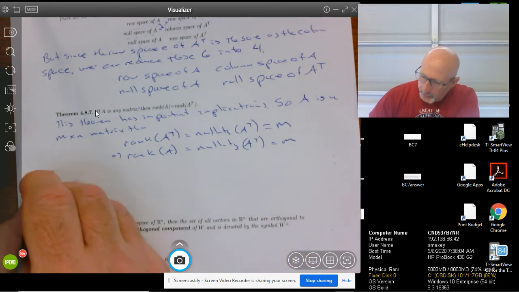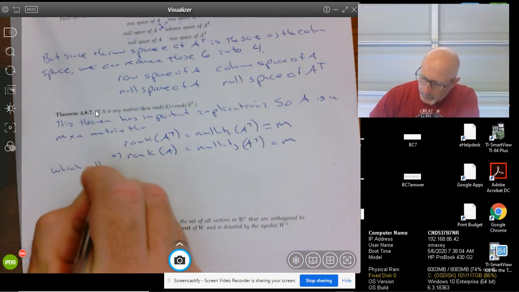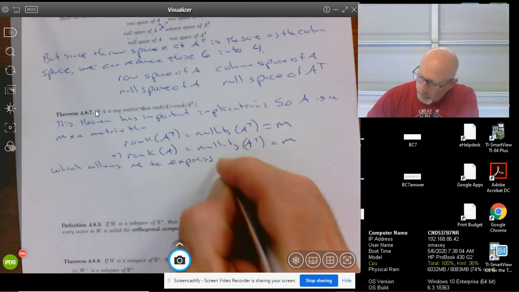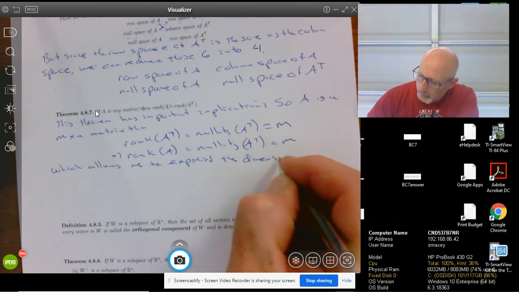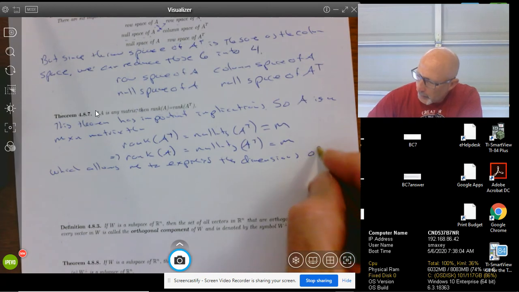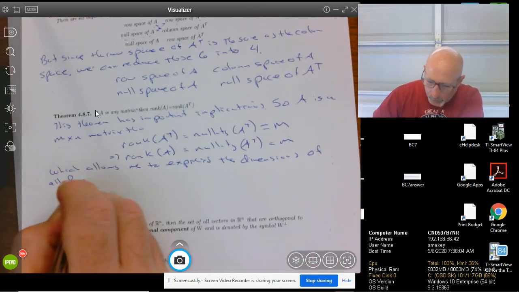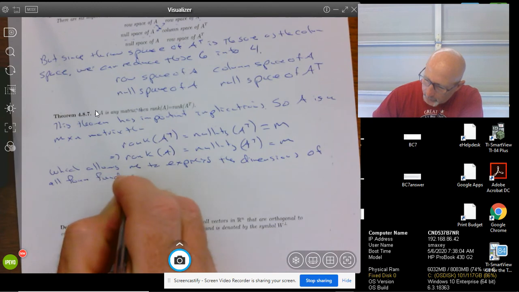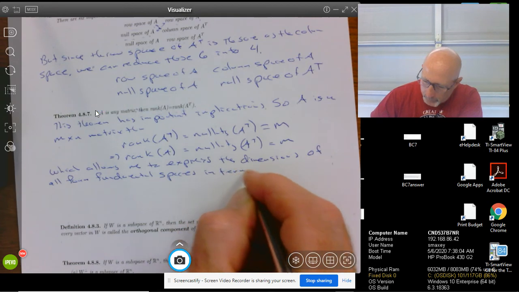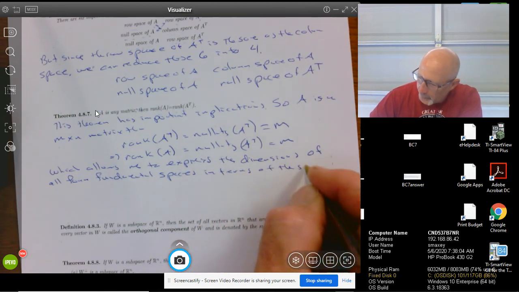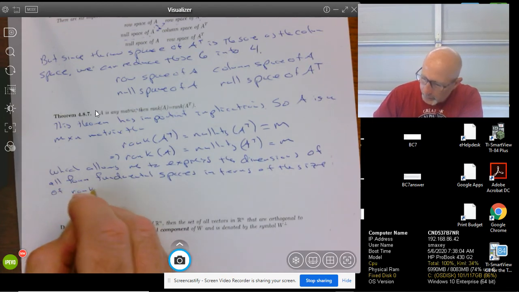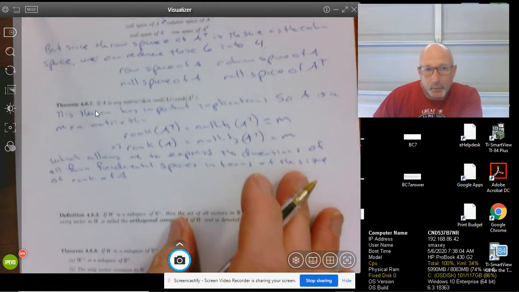Okay, which allows me to express the dimensions of all 4 fundamental spaces in terms of the rank of A. So what do I mean by that?